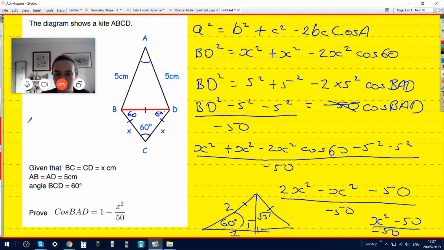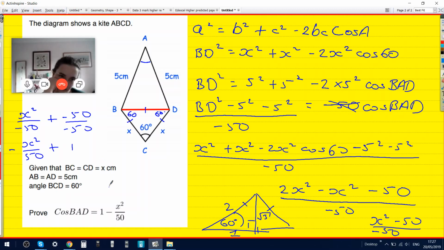And so if you were to distribute them out, it would be x squared over minus 50 plus minus 50 over minus 50, which is plus 1. That's the same as minus x squared over 50, which is same as 1 minus x squared over 50. Yeah, forget this terrible question.